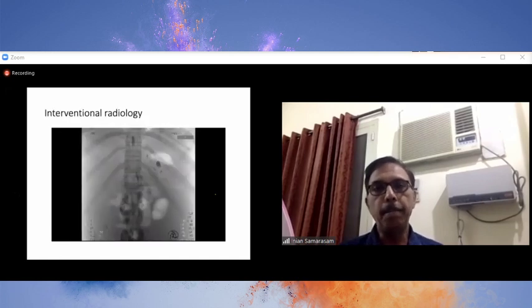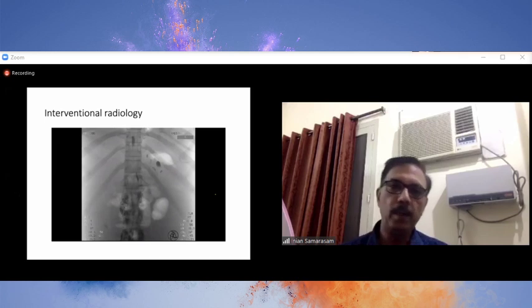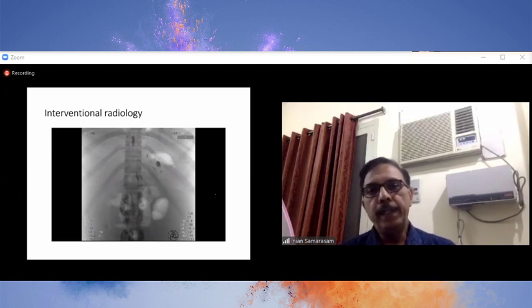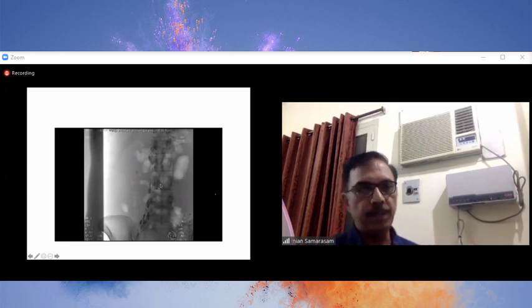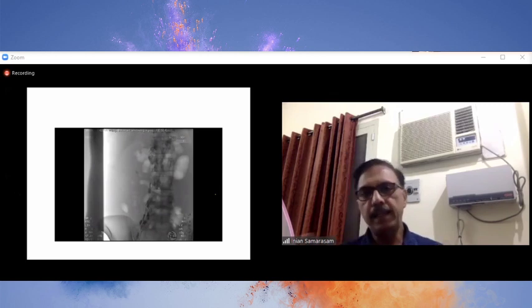For this one, we approached our interventional radiologists, and what they did was inject some lipiodol into a groin lymph node, and you can see the lipiodol coming up. It's going into the retroperitoneal lymphatics, and the lipiodol itself is a sclerosing agent, which can sclerose the retroperitoneal lymphatics.